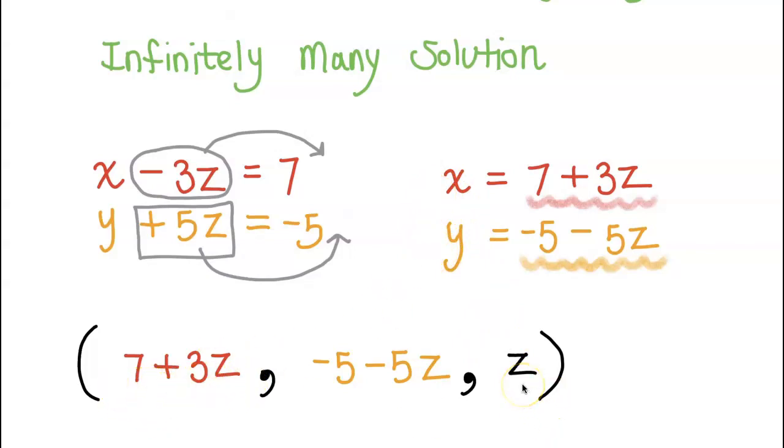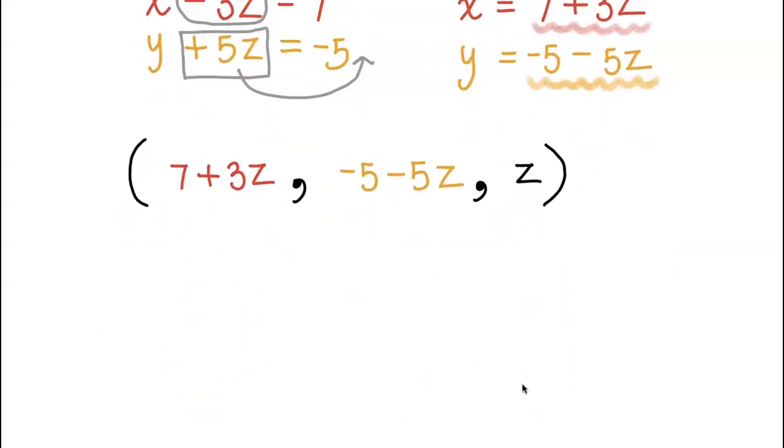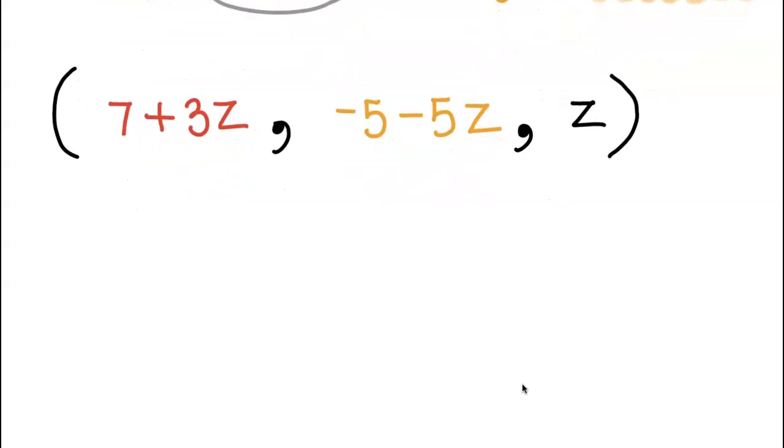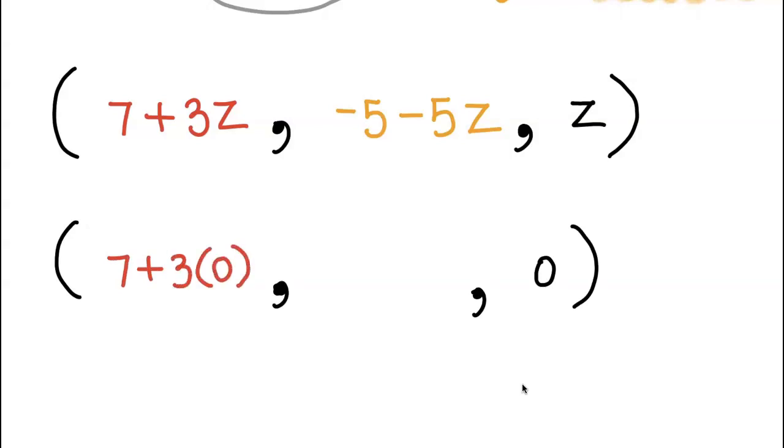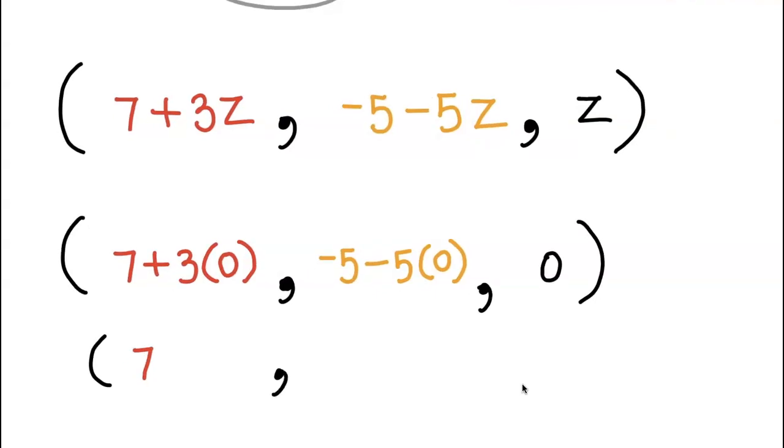So they can pick a z of 0. Let's try that. What if they pick z equals 0? If somebody picks 0 for the z value, then x will be 7 plus 3 times 0, and the y will be -5 minus 5 times 0. So if you simplify that, you will get 7 for the x value, -5 for the y value, and 0 for the z value.